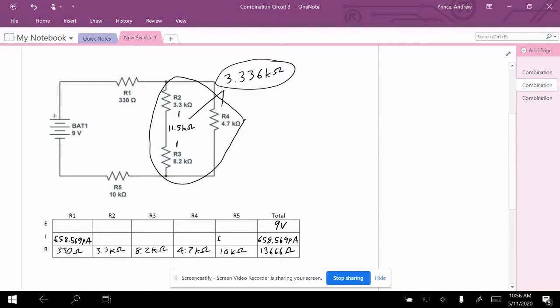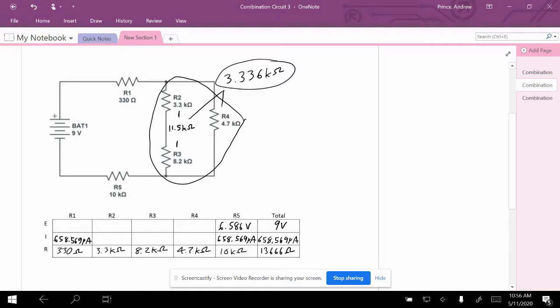So over here we're going to have 658.569. Now we can multiply that by 10,000 to find the voltage drop there. If we take 10,000 and multiply it by 658.569 microamps, that gives us 6.586 volts.